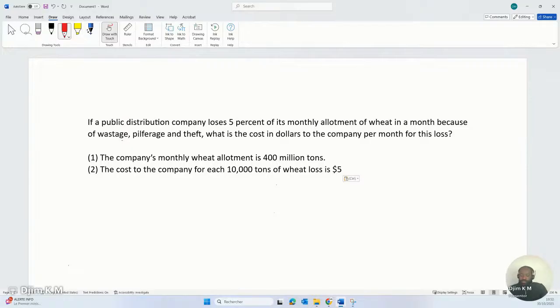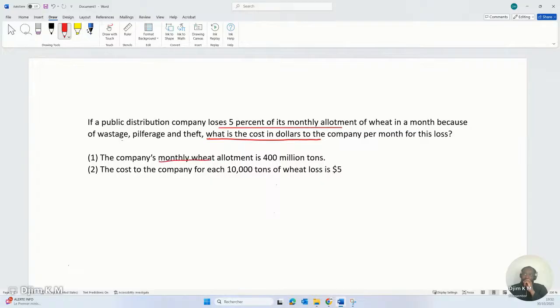Okay, so the first condition says that the company's monthly wheat allotment is 400 million tons, but we are asked to actually look for the cost in dollars to the company per month for this loss. So it's losing 5% of its monthly allotment.